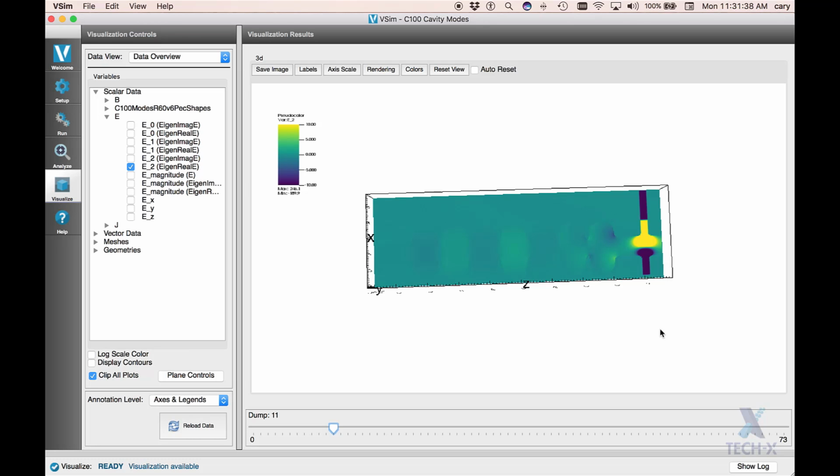And this mode would again go away. Regardless, in the end, this shows the power of mode extraction, and that it finds the expected modes with high precision, along with modes that were not expected, the non-physical modes.